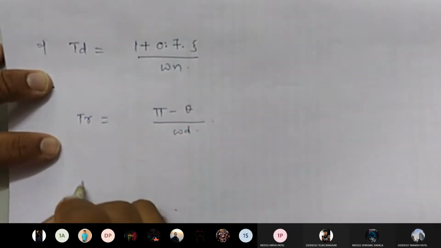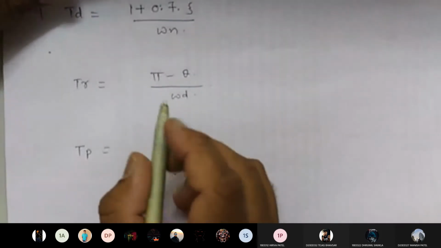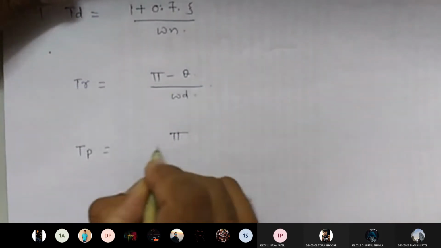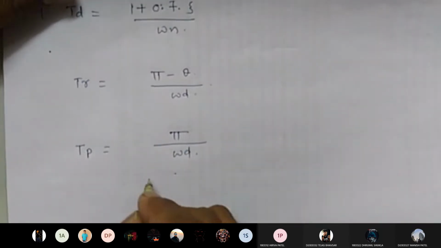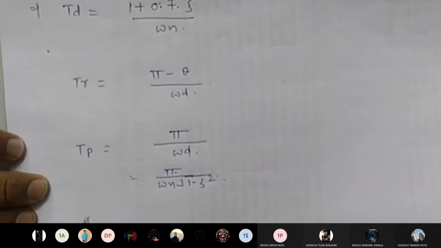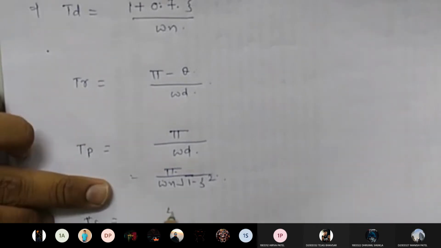And TP is equal to pi upon omega d, where omega d is omega n times the square root of 1 minus zeta square. Another one is TS, which is equal to 4 upon zeta times omega n.